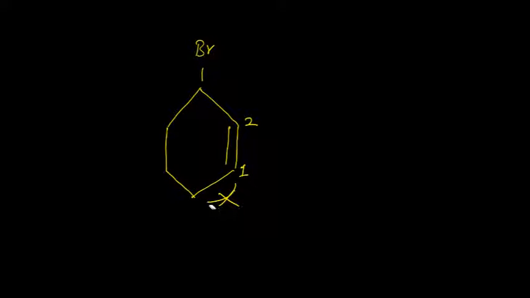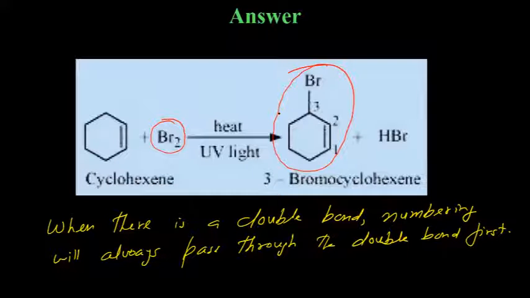So this carbon will be 2 and bromine will be on third. 3 is less than 6. So that's why it will be 3-bromo, not 6-bromo. And this carbon will be 1, not this one. So it will be 3-bromocyclohexene.